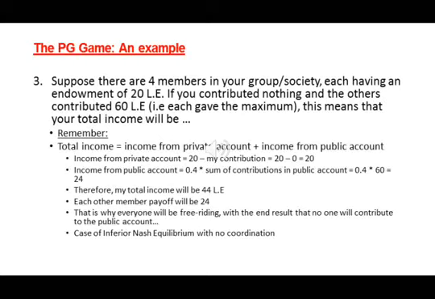This is the end result, which is in line with the neoclassical theory, that everyone is going to free ride, and the end result will be that no one will contribute anything to the public account. So the Nash equilibrium will be an inferior Nash equilibrium with no coordination and no cooperation whatsoever between the members of the society.